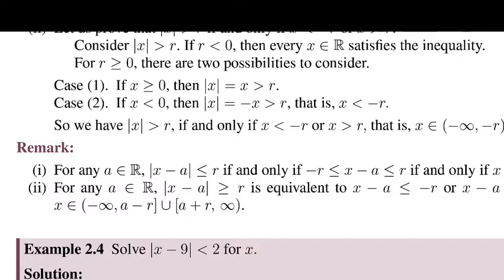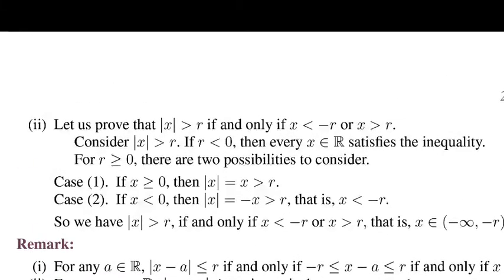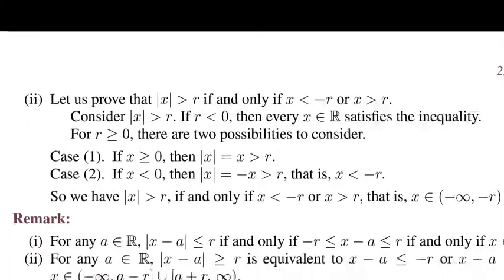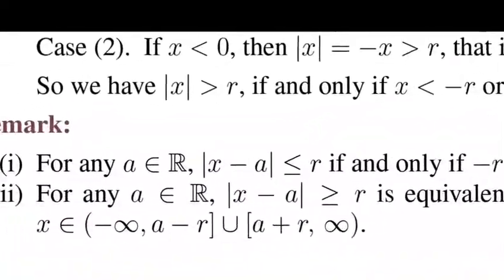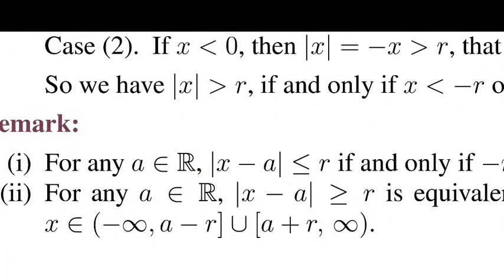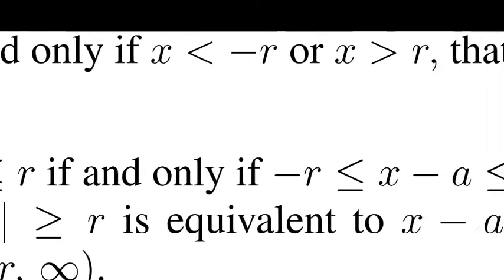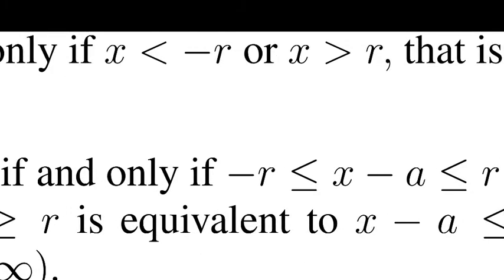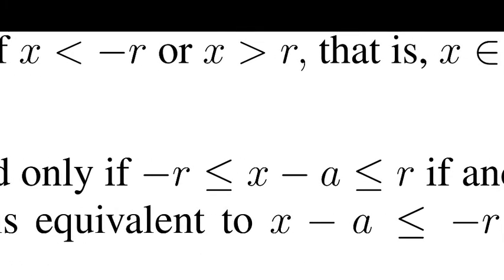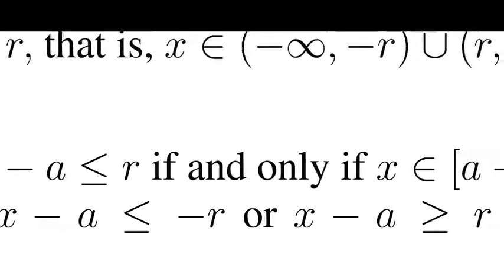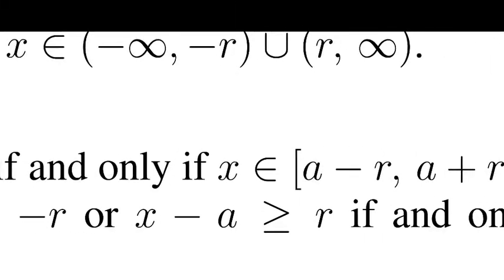Before, we saw only less than or greater than. Here we are going to see less than or equal to. For any a belonging to R, modulus of x minus a is less than or equal to r if and only if minus r is less than or equal to x minus a is less than or equal to r, if and only if x belongs to the closed interval a minus r, a plus r.